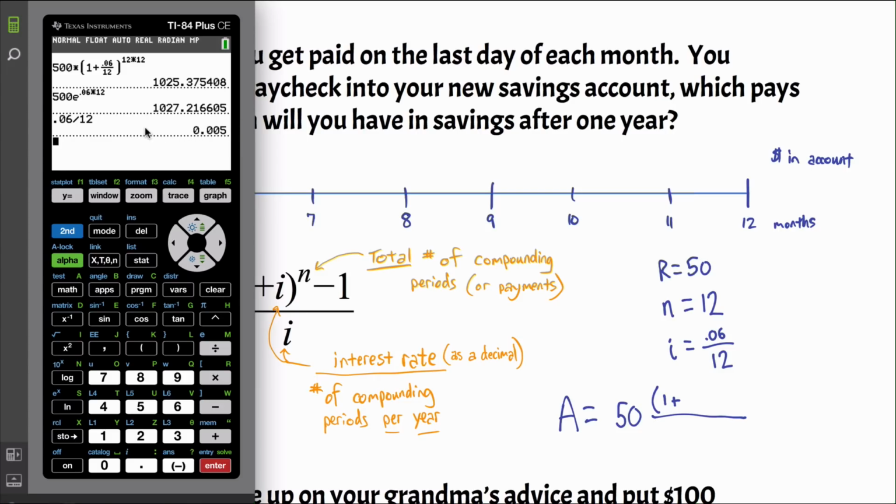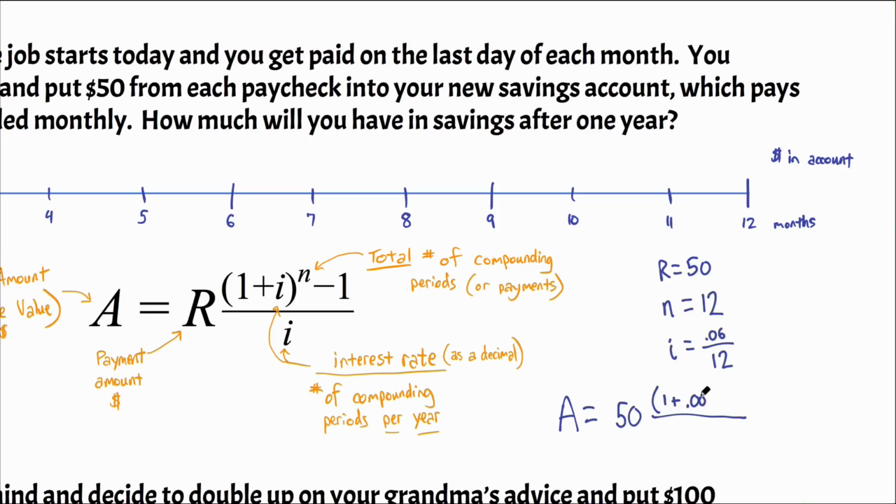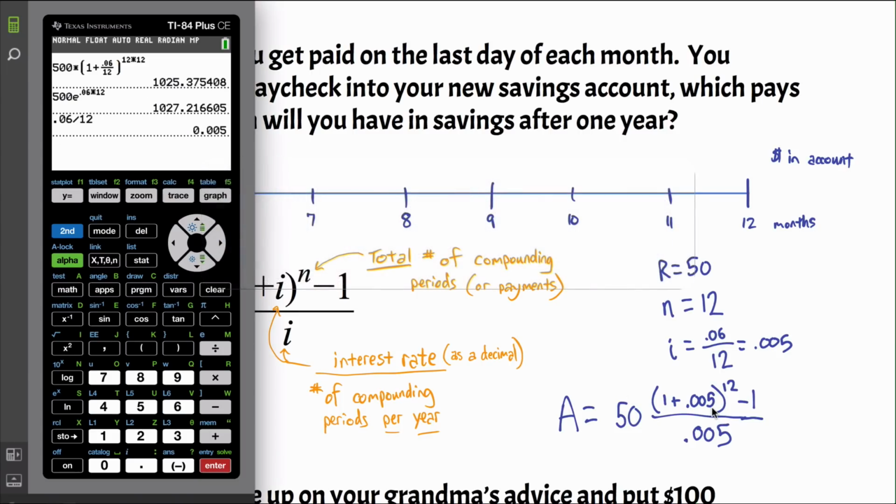If this were to extend across my calculator and it looked like it keeps on going, I wouldn't want to use a decimal in this place. But since this is a nice even 0.005, I'm going to use that here. That's raised to the n power. Don't forget that minus 1 on top, all over that I value again. So we've gotten rid of all of our variables on the right side. I'm going to plug all of this into my calculator and see what we get.